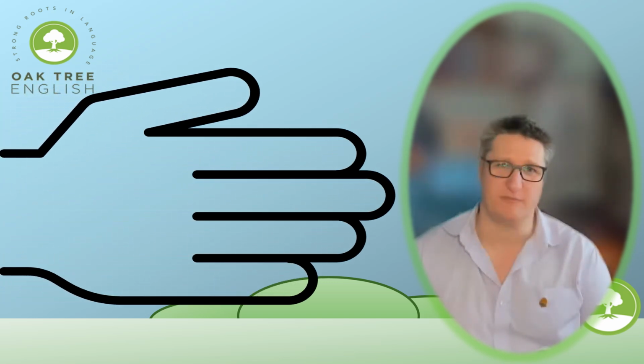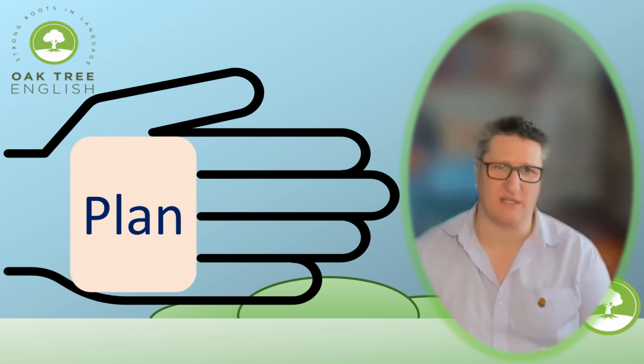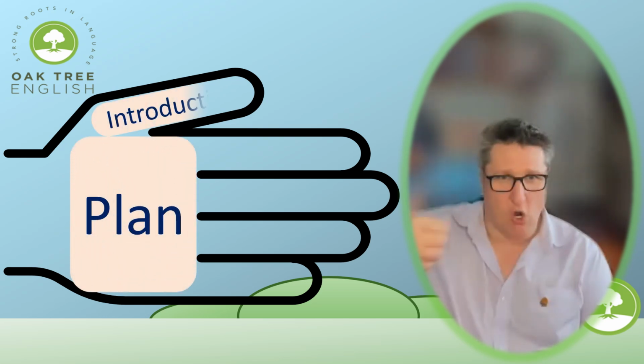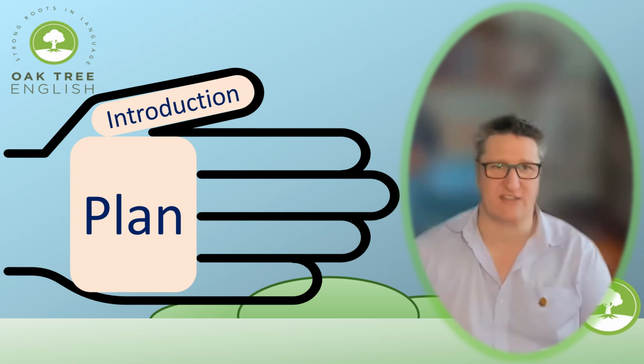You will all take into the exam a reminder of how to plan. You can't take notes into an exam room, and please don't try, but you can take yourself. Your hand can remind you of the 5-point plan. Your first paragraph will be your introduction, where you hook your reader with something like a rhetorical question and set the tone and topic of the piece of writing.